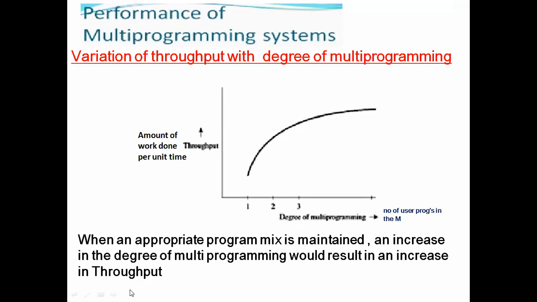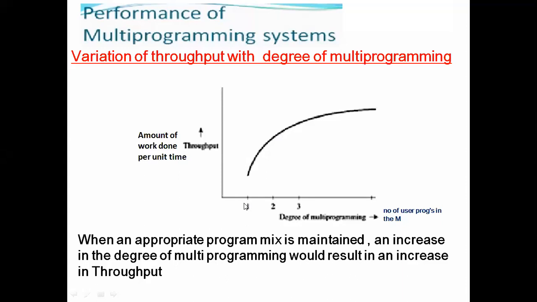When we have the appropriate mix, an increase in the degree of multi-programming would result in increased throughput. This is neatly explained using this curve.